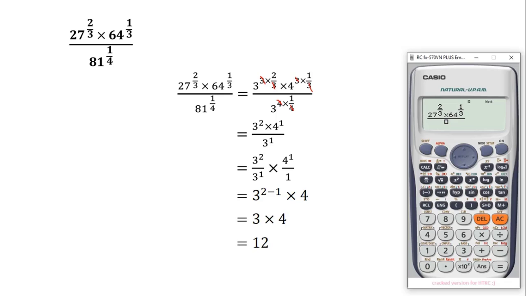Then we come to the denominator part. We have 81 exponent, the exponent is another fraction, so 1 divided by 4. So we have the whole expression here on our calculator. You just enter equal to, and the calculator solves it for you, and we had 12, just as we have here.